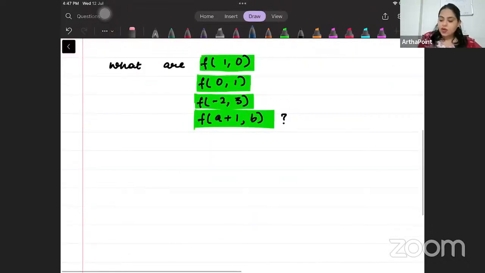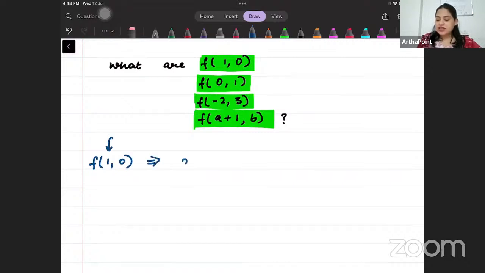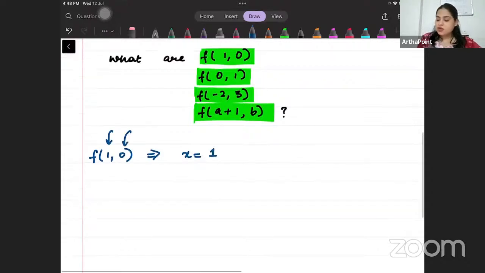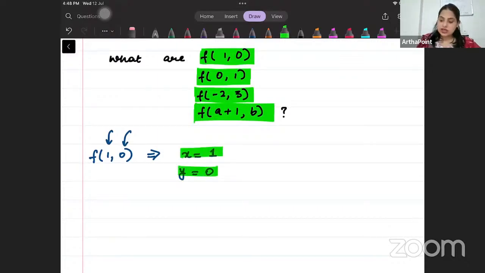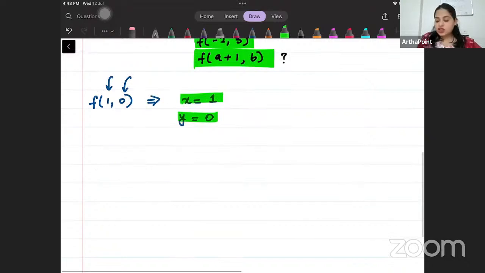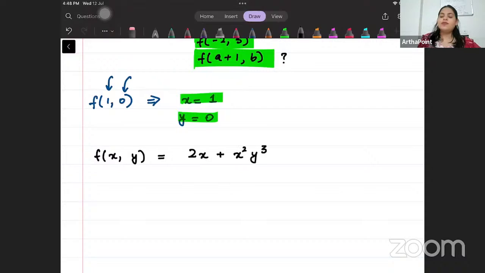So let's start. What is going to be f of 1, 0? This means that x will be 1 and y will be 0. So what will we do, beta? The function given to us, f of x y, is 2x plus x square y cube.